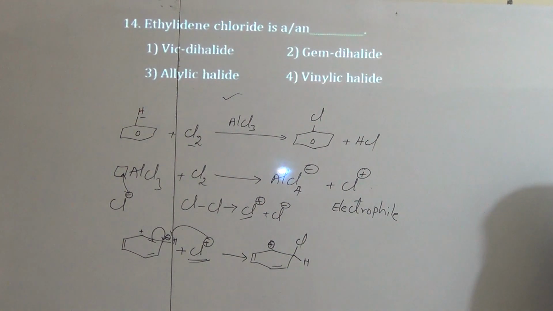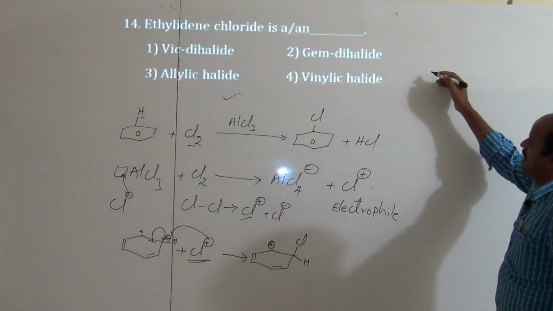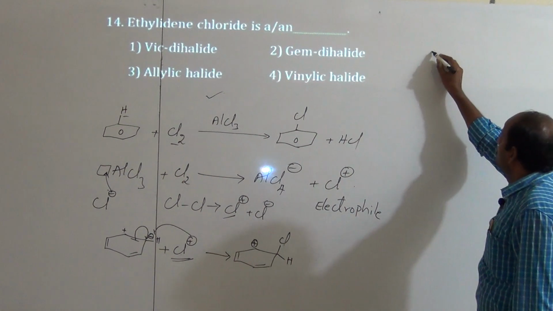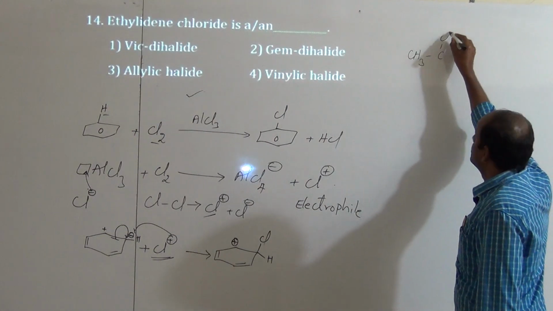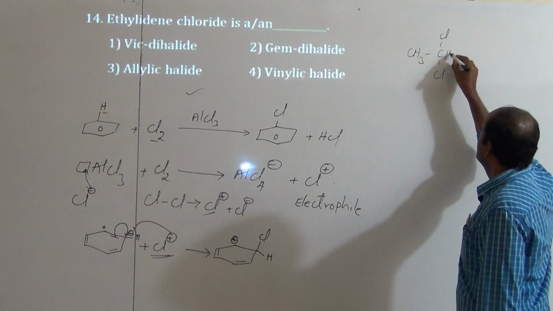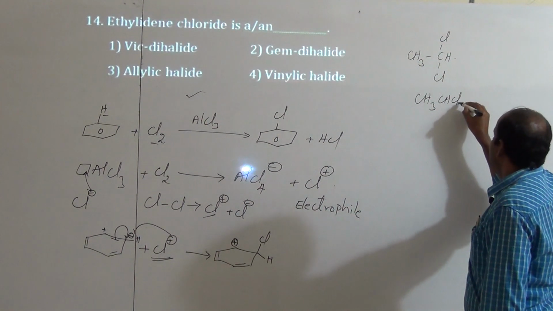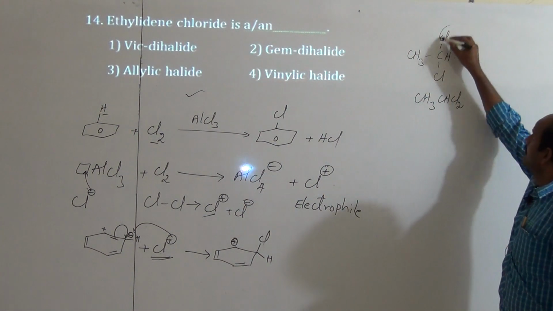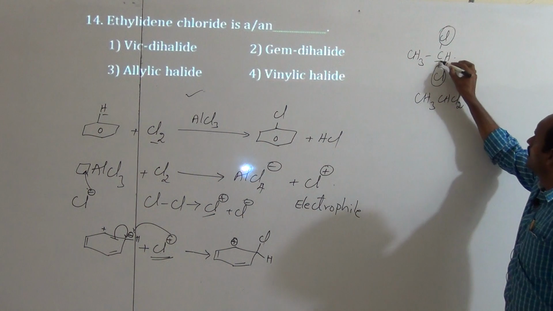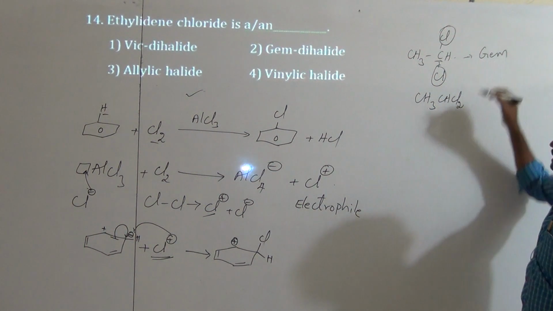Ethylidene chloride. What is the formula for ethylidene chloride? CH3CHCl2 is ethylidene chloride. Here two halogen atoms are present on only one carbon atom, then it is called a gem dihalide.